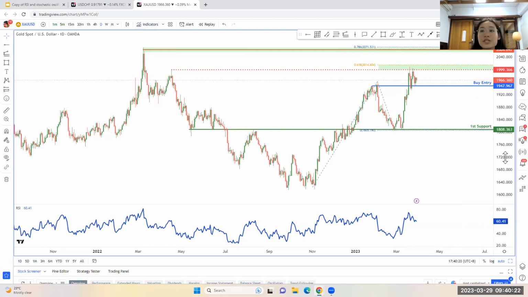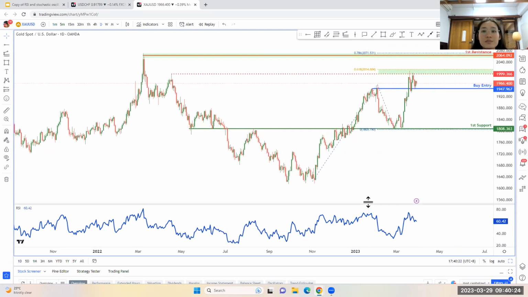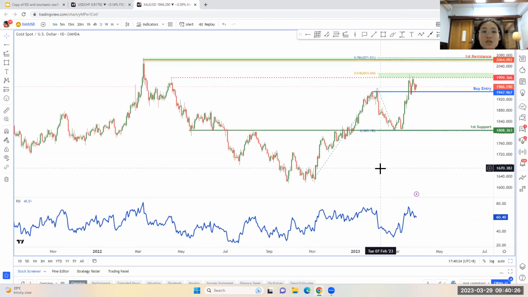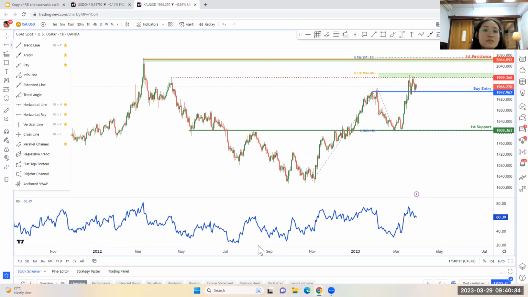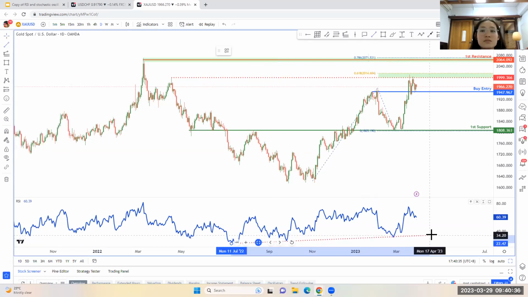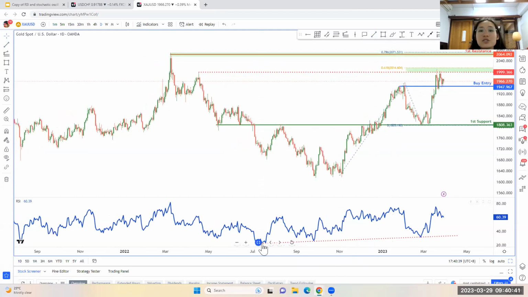Okay, so here is our RSI chart. When you have your RSI, the first thing we're going to look out for would be the general direction of price. So here I have an ascending trend line for my RSI.